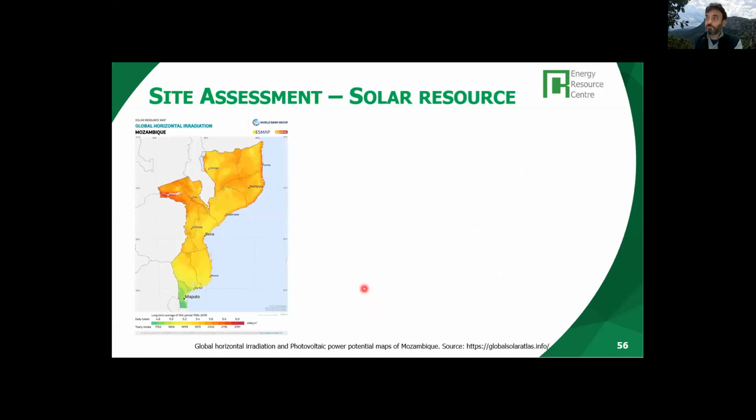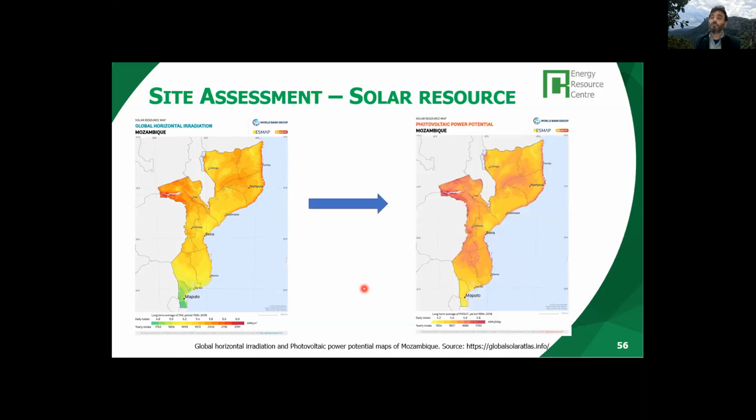And here, I wanted to ask you a quick question. We have this map, a map we have been seeing very often, the global horizontal irradiation in Mozambique. And then we were also seeing this other map, which tells us the photovoltaic power potential, in kilowatt hour per kilowatt peak, daily or yearly.